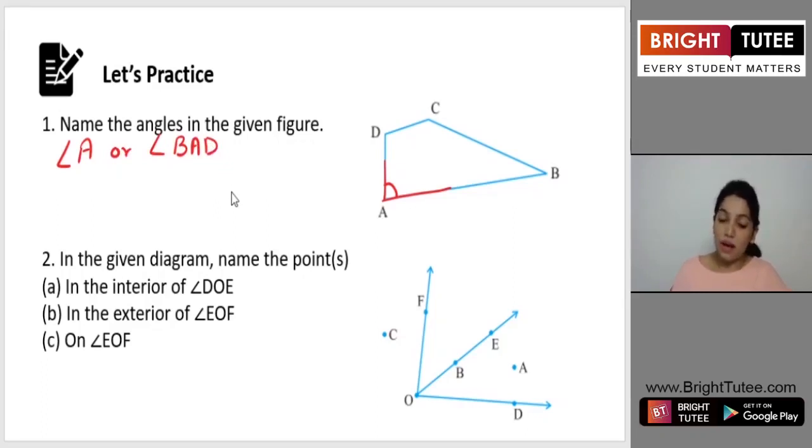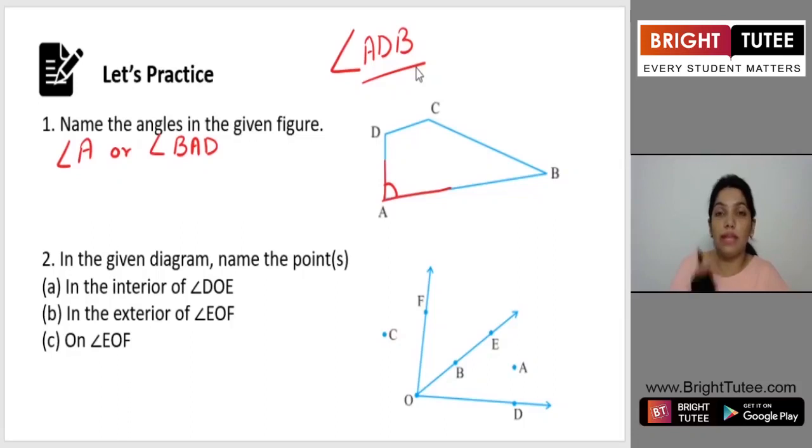Now I have written here that it is BAD. One very important point I want you to remember: I cannot name this as angle ADB. Angle A cannot be written as angle ADB or ABD, any other thing.